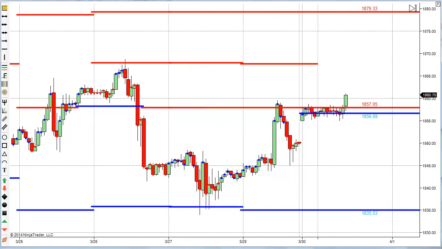We have two balance point areas that are very close together here, and you can see how the overnight area has been contained, and then we're starting to get a little bit of a break to the upside. So how I'm going to use this today is this: if this market should continue to move to the upside, what I will be looking for is a retracement, just a normal ebb and flow of these markets, down pretty close to this 58 area.